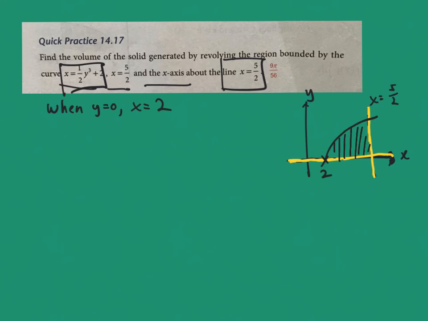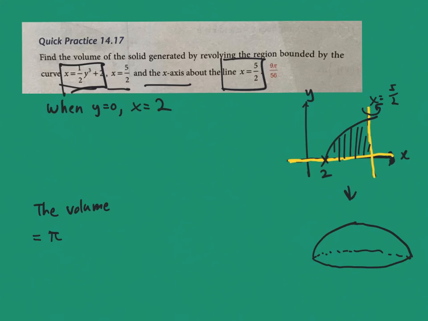And now we want to revolve this figure about the line x equals 5 over 2. That means like this. So just imagine you can form the 3D figure below. And one more thing, when x is larger than 2, we know that y must be positive. Therefore, we can draw the curve like this. Please note that this time, the axis of revolution is a vertical line, similar to the case of the y-axis.